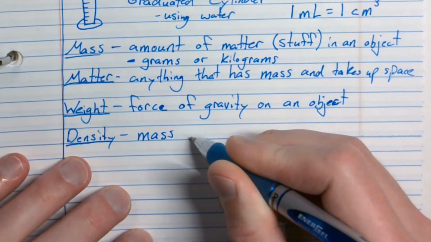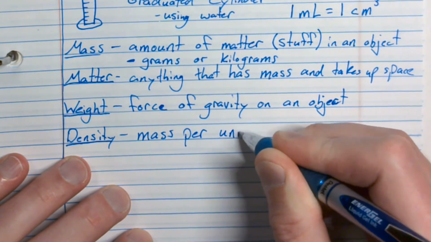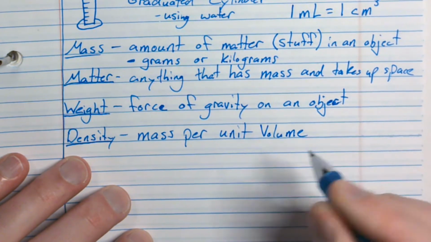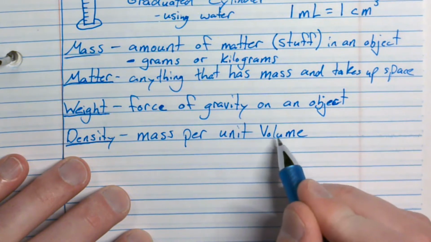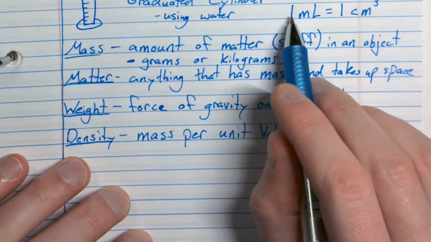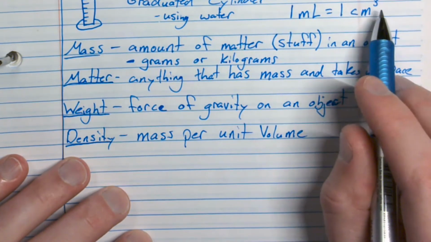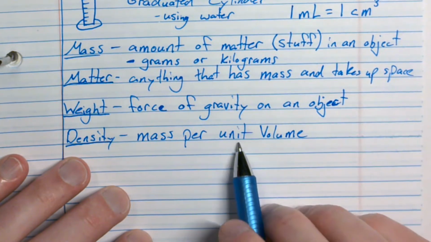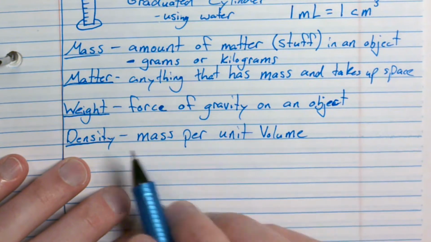Mass per unit volume. What this means per unit. So for every 1 unit of volume, so if we go up here, a unit of volume would be like 1 milliliter, or 1 liter, or 1 cubic centimeter. So that's our unit volume, just one of them. So however much I get of this per one of those is my density.